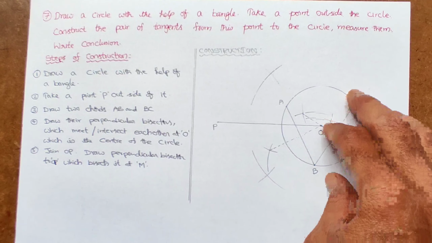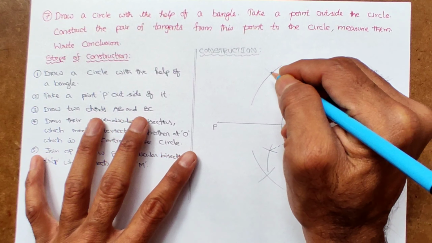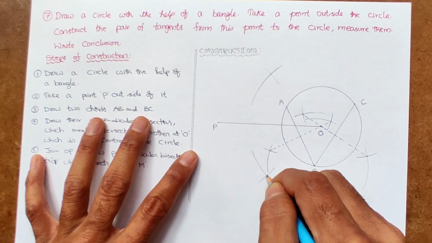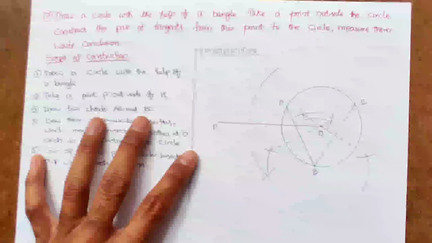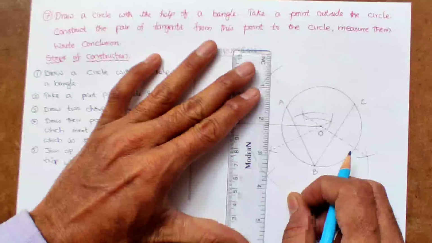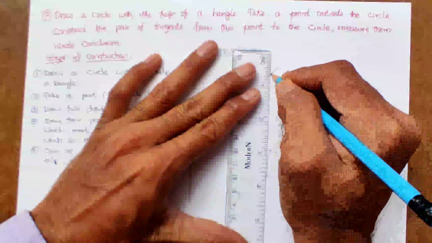Now let us join both the points. By joining them we get the perpendicular bisector of the line OP, right?